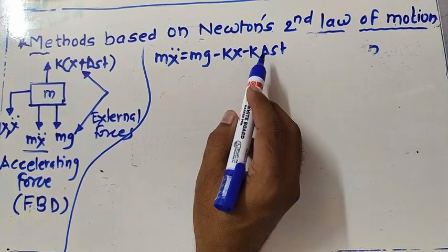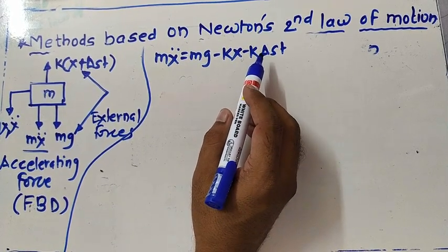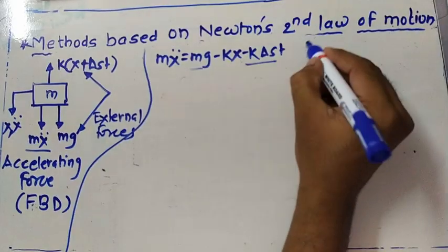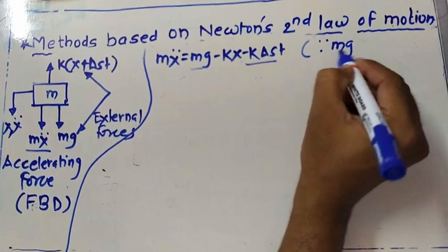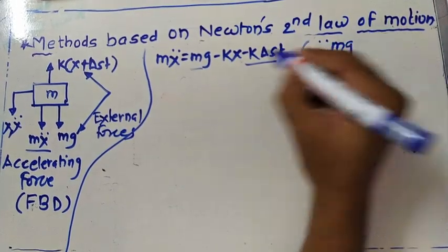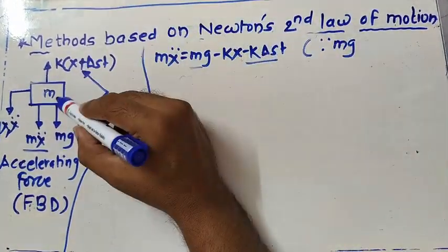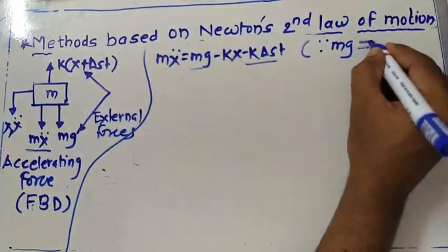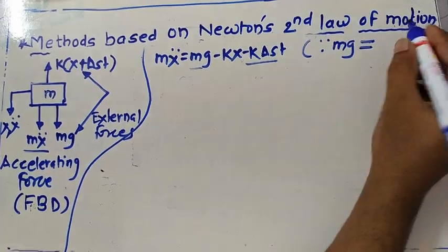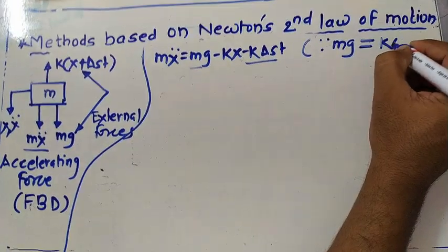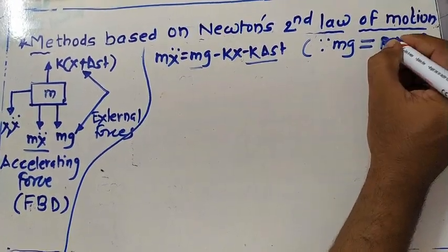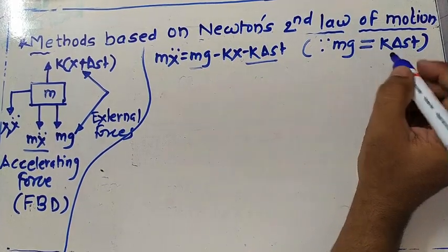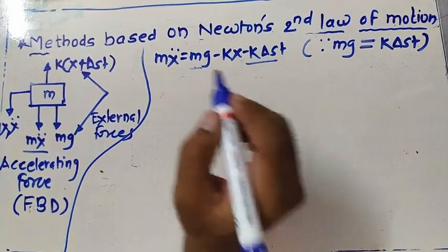Now if you concentrate on this term and this term, since the weight or self weight of this block must be equal to the spring force occurring because of the static deflection, both these terms balance each other, so this term and this term get cancelled.